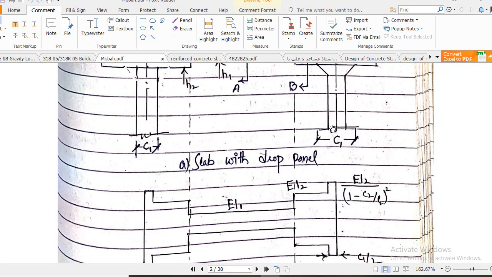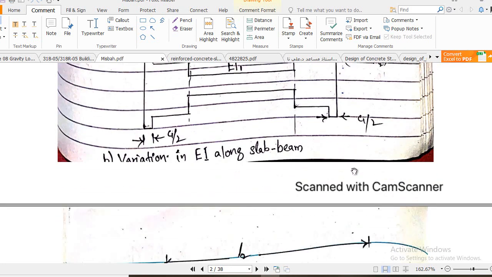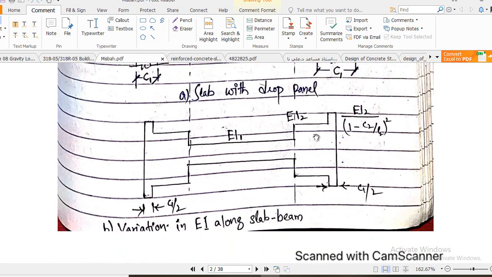Here the section is different, here the section is different, and that's why EI does not remain constant. Here is EI1, EI2, and to convert all those stiffnesses into an equivalent stiffness, we have to divide each stiffness by this factor. So you will understand these things. Variation in EI along the slab beam.